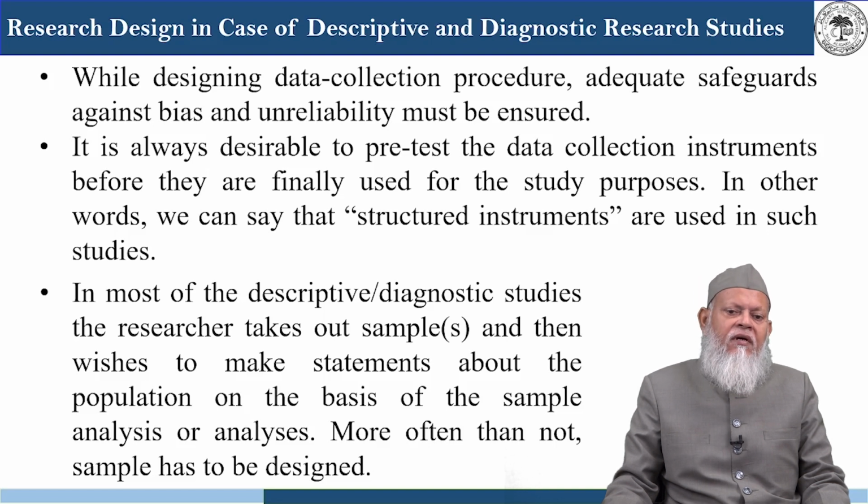As we have discussed in the previous lectures, the research has to be free of bias. It has to be reliable as much as possible, and this is why, while designing the data collection procedure, safeguards have to be taken against bias and unreliability.